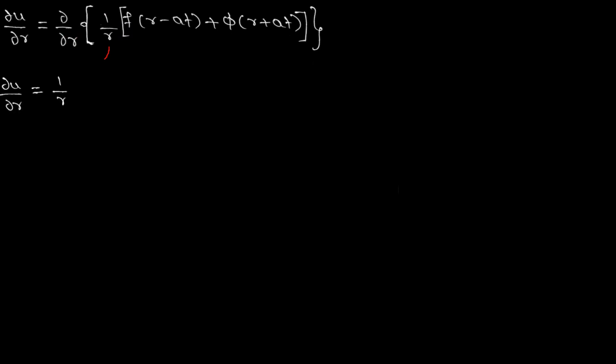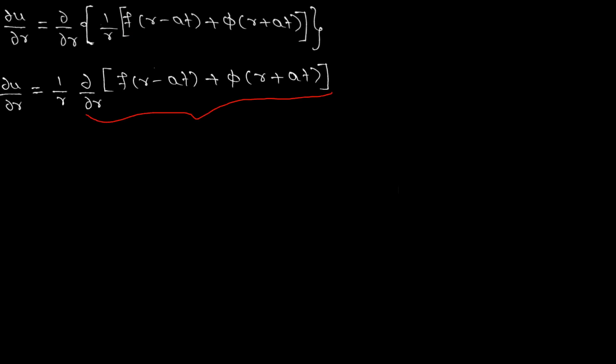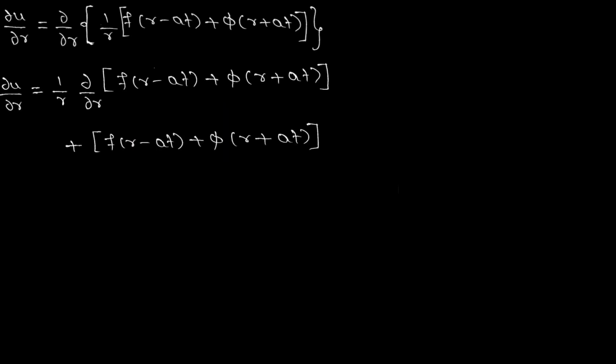First function 1 by r as it is, dou by dou r of the second function, this. Now the product rule says plus second function as it is into dou by dou r of 1 by r, which we write now here.